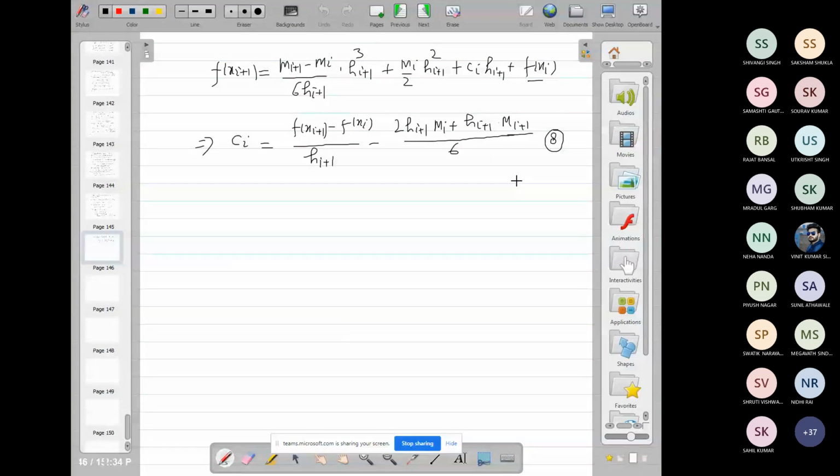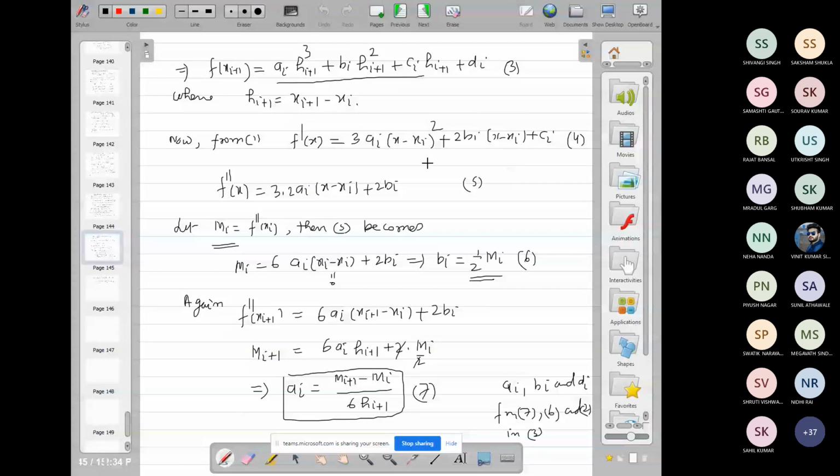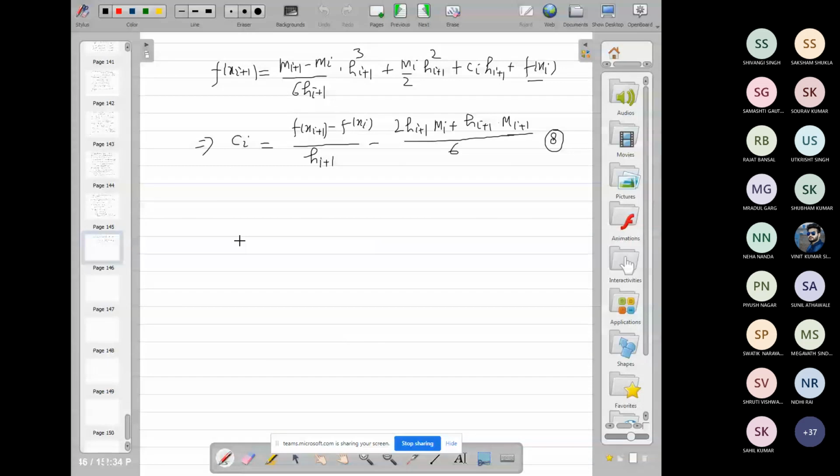Also from equation number 4, f dash x. From f dash x and 4 we have, actually here the f x coincides with a cubic polynomial in each sub interval.